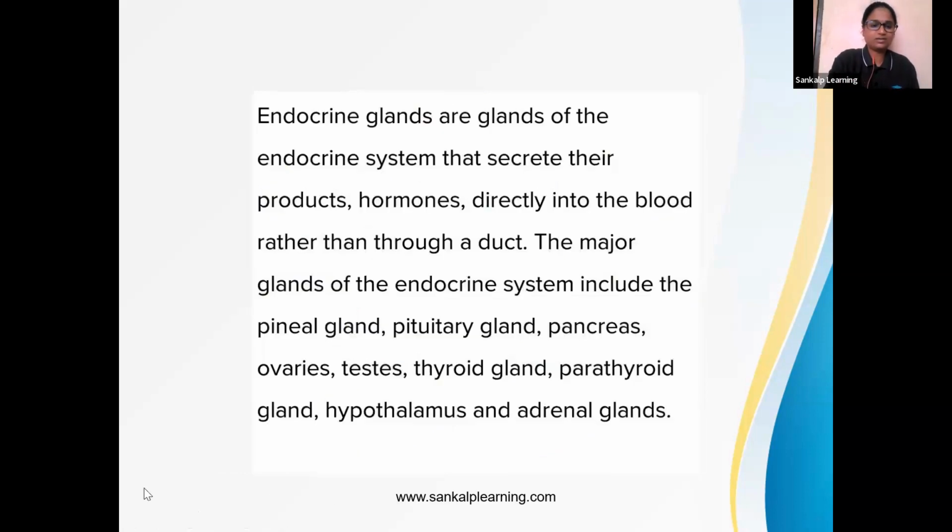So just take 2 minutes of your time and write down this definition. Once you complete, please let me know through the mic. Put the heading as endocrine glands and write this definition.